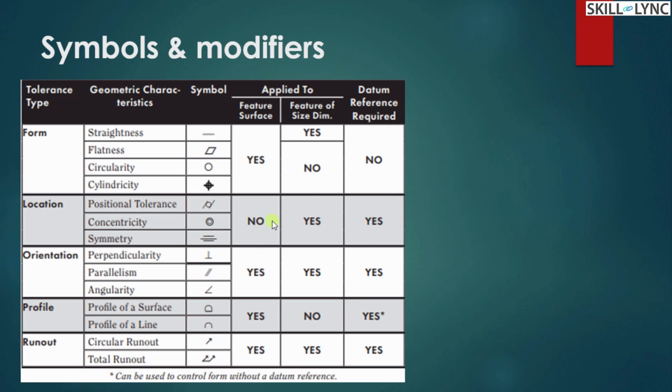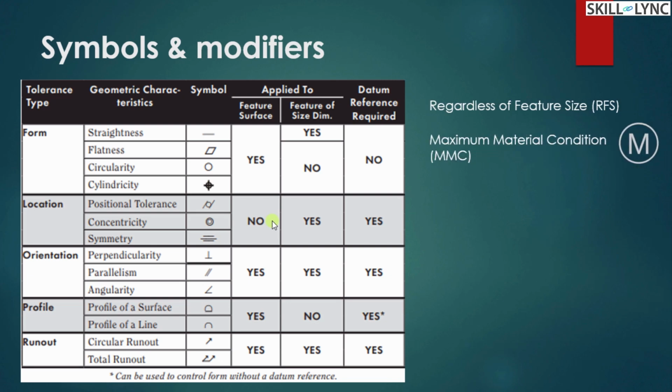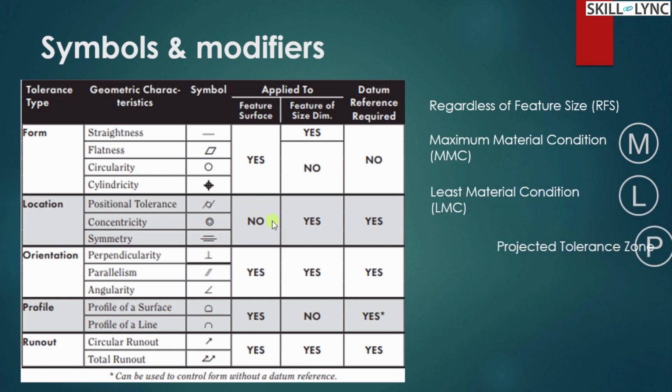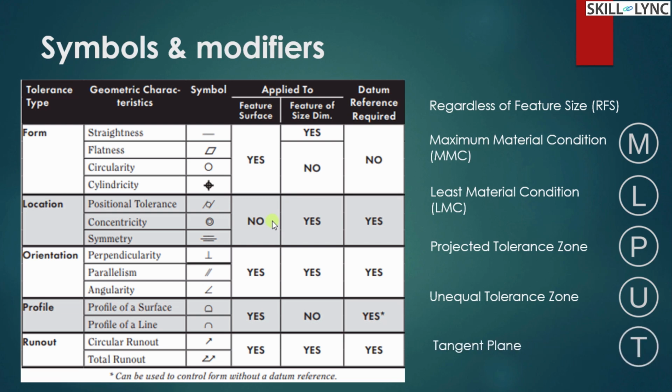Next we have the modifiers. They override the condition of the material; they say what the allowed material condition is. The various parameters here are regardless of feature size, RFS, which doesn't have any symbol. Then we have maximum material condition, least material condition, the projected tolerance zone, the unequal tolerance zone, and tangent plane.